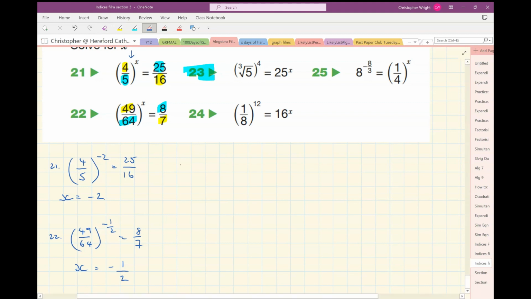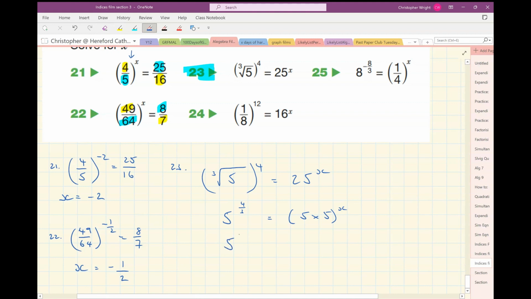So, in number 23, we have the cube root of 5 to the power 4, and that equals 25 to the power x. Now, we can put both of these into what we'd call base 5, express both of these as 5 to the power of. The left-hand side here is 5 to the power of 4/3. Now the right-hand side, 25 is 5 times 5. So that's 5 times 5 to the power x.